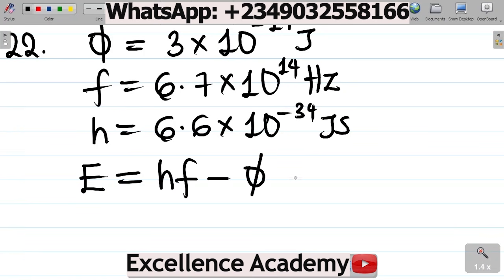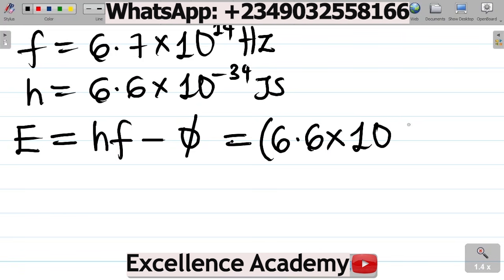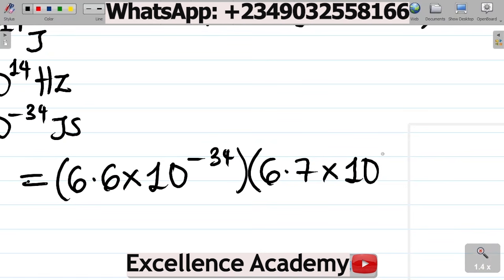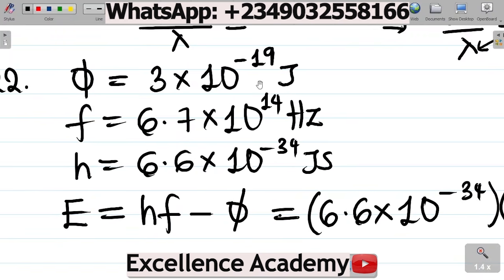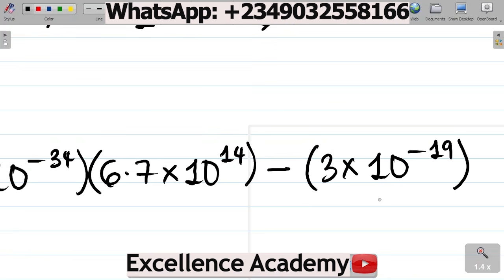That's equal to h, which is 6.6 times 10 to the power minus 34, multiplying f, which is 6.7 times 10 to the power 14, minus phi, the work function, 3 times 10 to the power minus 19.